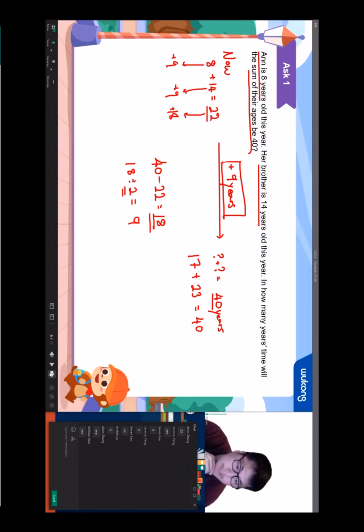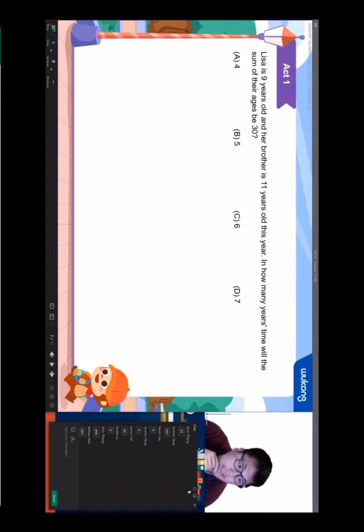All right, so very good, guys. So now this is your turn to do this question. So I'll give you guys some time so you can submit your answer using the selector tool.